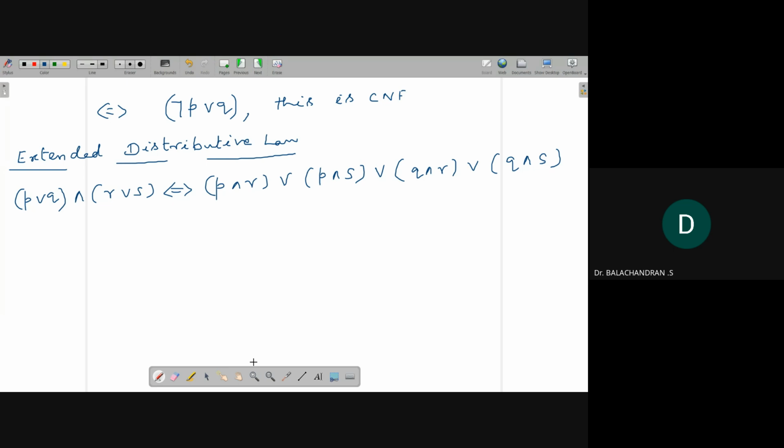It is the repeated application of the distributive law.